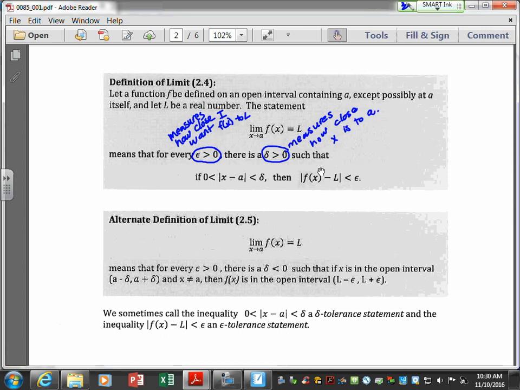Okay, and basically when I'm looking at these two inequalities, this is just saying when x is not equal to a, because remember we consider the case when it's that open circle case as well, and x is within delta of a. Okay, that's what that inequality means. And this inequality is just f of x is within epsilon of L.